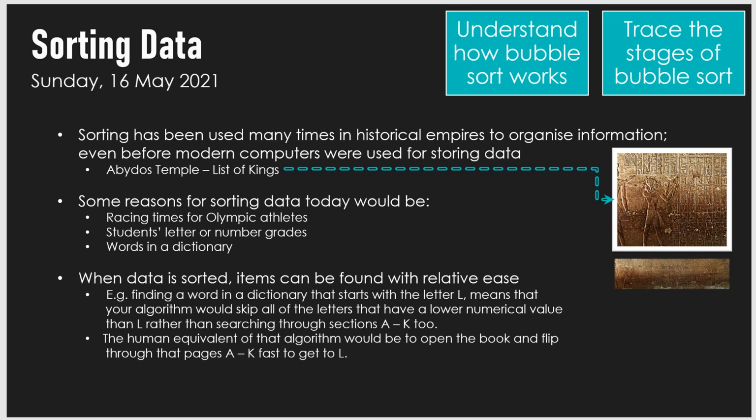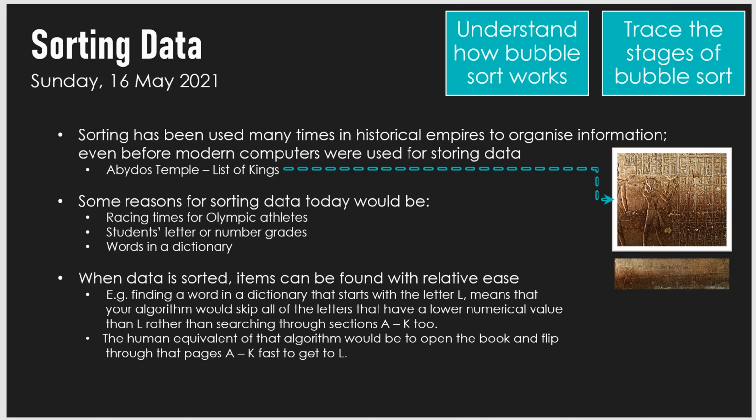Now, without even getting into computer science, sorting is something that human beings have done for centuries in this world. If we look at one example from history, we can look at how the Egyptians used to sort the names of their kings on a wall. We have this list of kings here from the Abydos temple, and you can do some research on this if you wish.